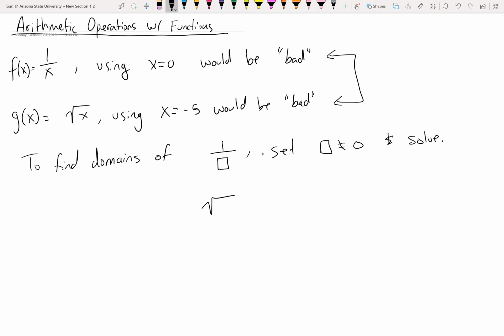To find domains of an even root of stuff, set the stuff inside the radical greater than or equal to 0 and solve.